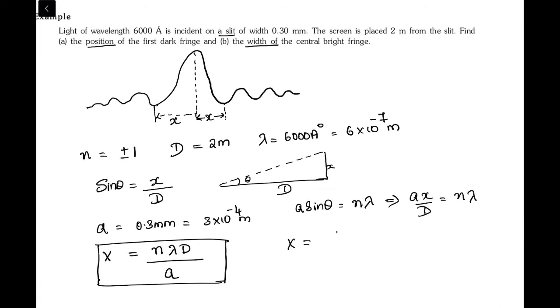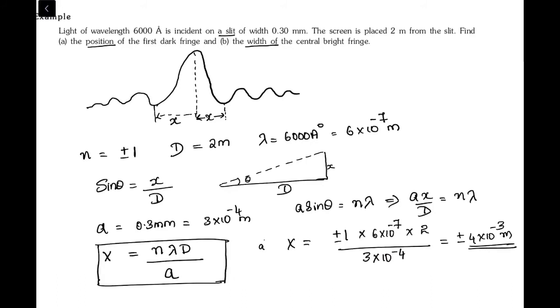You substitute values: plus or minus 1 into lambda, 6 into 10 raised to minus 7, D is 2 meter, divided by 3 into 10 raised to minus 4. What you get is plus or minus 4 into 10 raised to minus 3 meter. That's the answer for the first part.